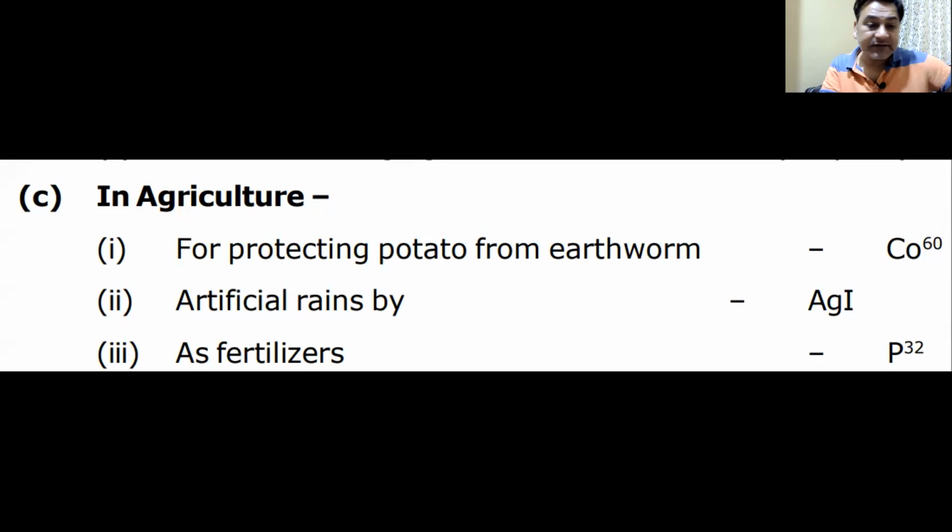Do we understand this? Yes, sir. You don't have to note this down. You just have to mark it in the booklet, and you should remember it. The most important point for you is point A, the use of radioactivity in medicine. Can we move ahead? Yes, sir.